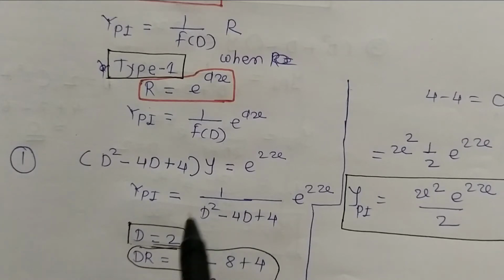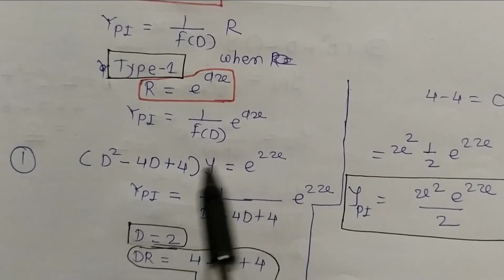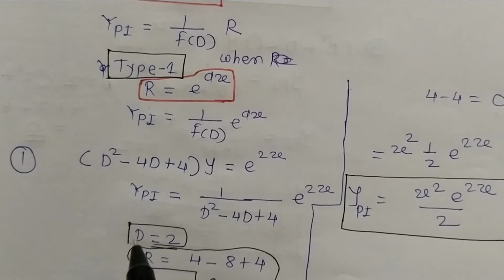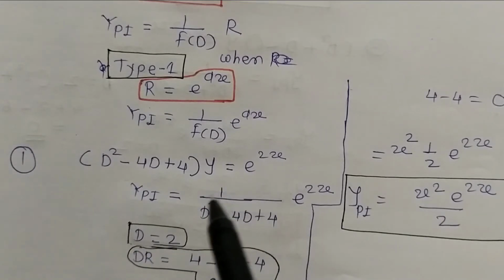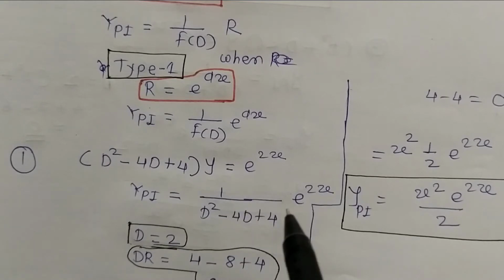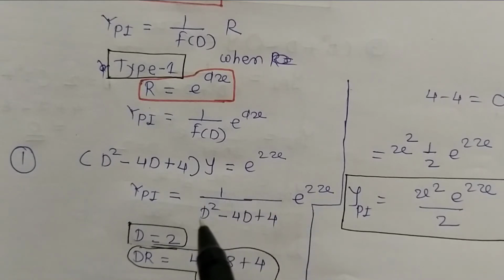Okay, when it becomes 0, then we have to first differentiate this and then put D is equal to 2. If it becomes 0, that's why we have to differentiate this term and then put. If it does not become 0, then it is not necessary to differentiate it.